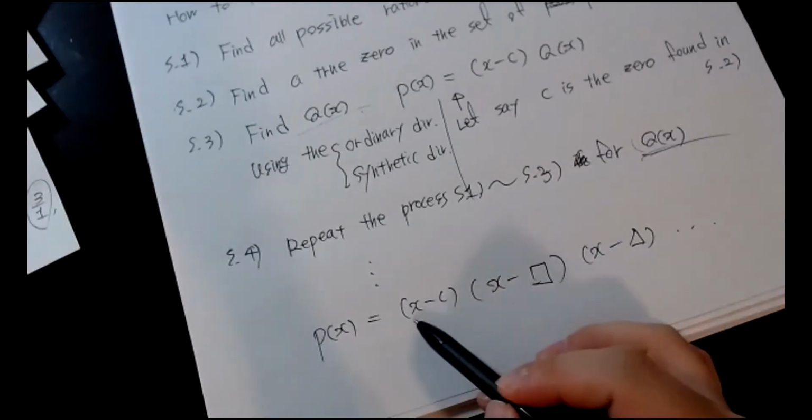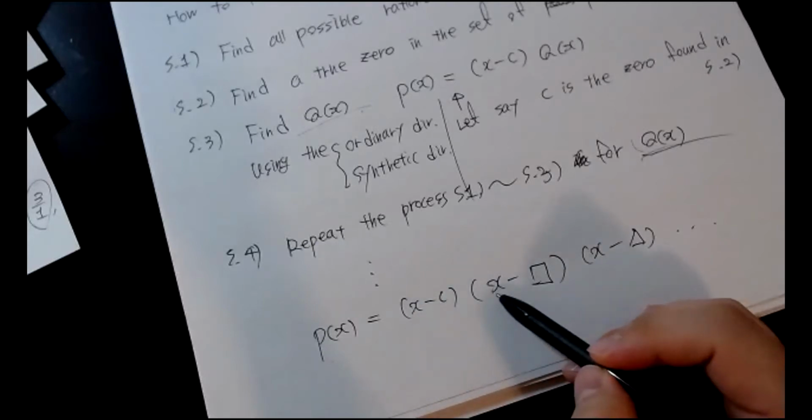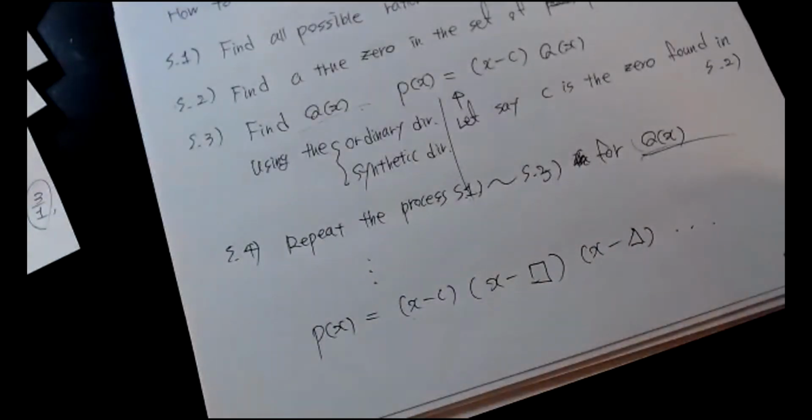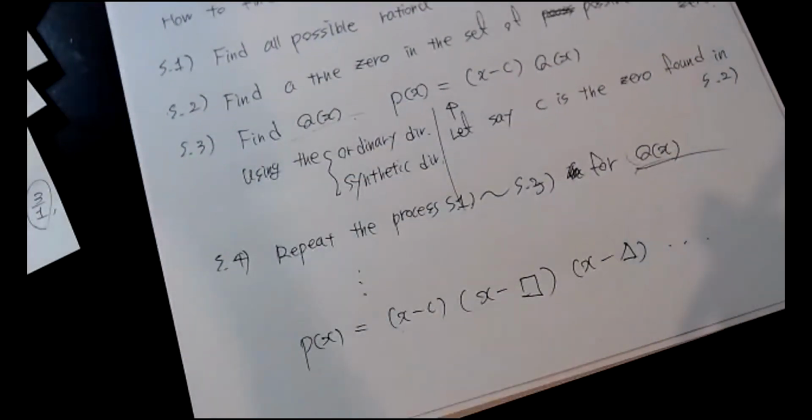Then c must be a zero, and the box must be a zero, and the triangle must be a zero. Keep in mind this. Let me stop here. Definitely you need to practice. Look at the examples in the textbook.